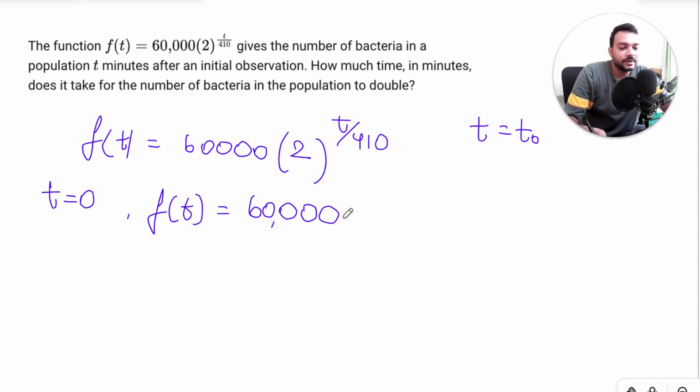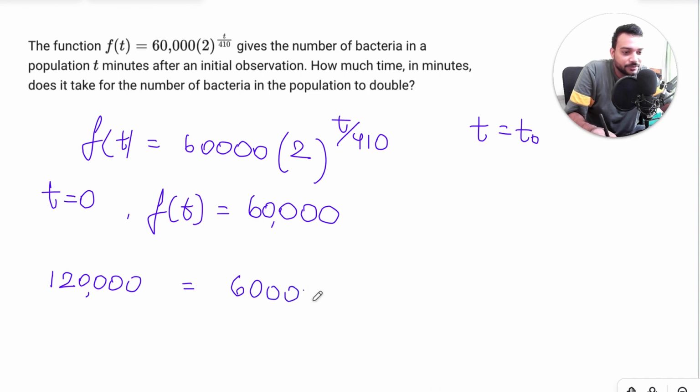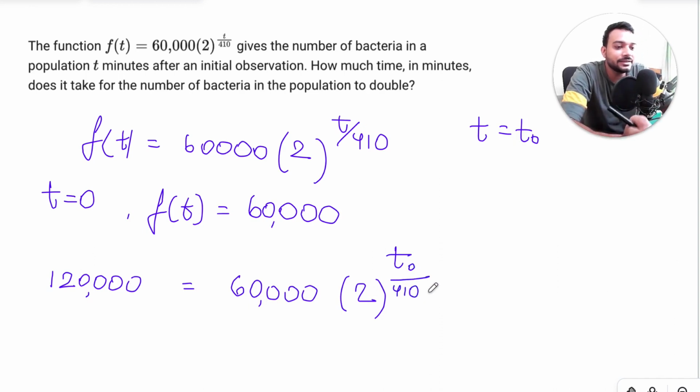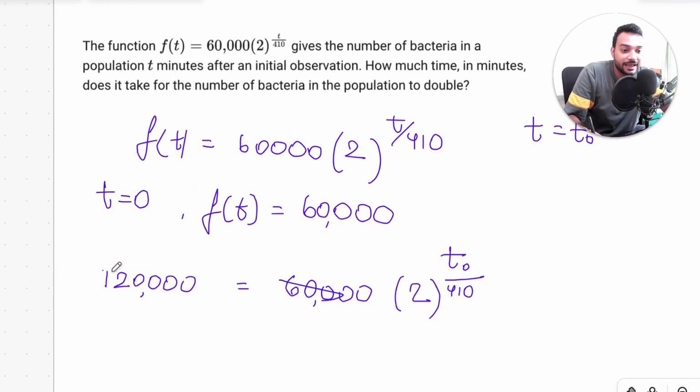So we form an equation. Let's say the value is 120,000, value of f of t, and f of t is defined as 60,000 times 2 raised to power t naught over 410. We say that at t is equal to t naught, the population is going to double. It becomes 120,000. Now from this equation, we need to find the value of t naught. Okay. So 60,000, 120,000. These can straight away be cancelled.